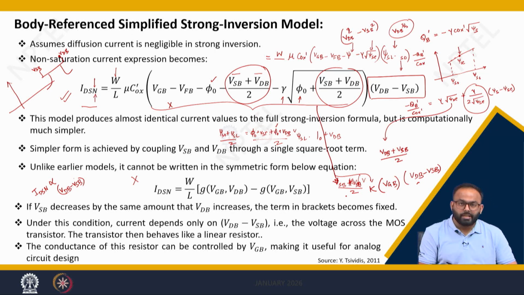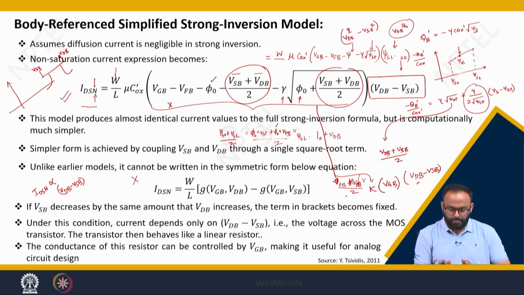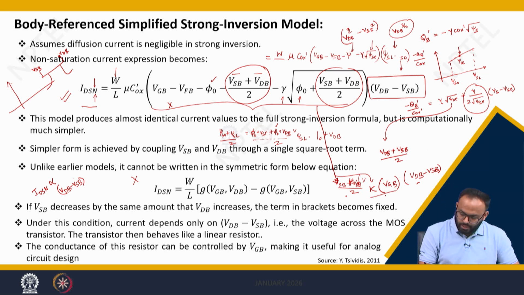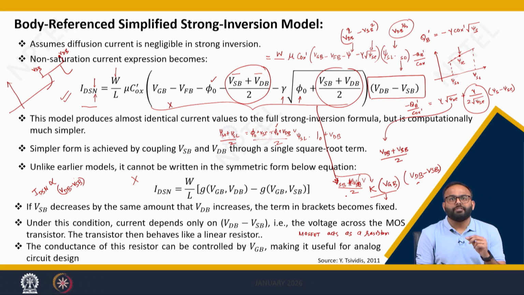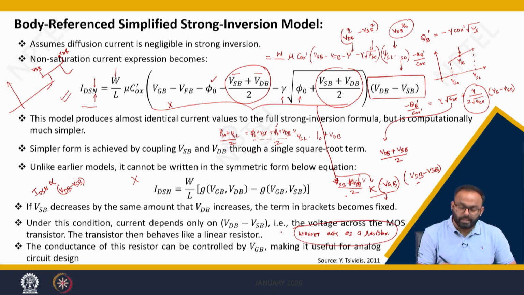This shows that my MOSFET acts as a resistor. Here k times VGB is nothing but 1 over R, right? And hence my MOSFET acts as a resistor. The good part is that the resistivity of this resistor is controlled by the applied gate voltage, and hence this is a very important property of the MOSFET in the linear region.